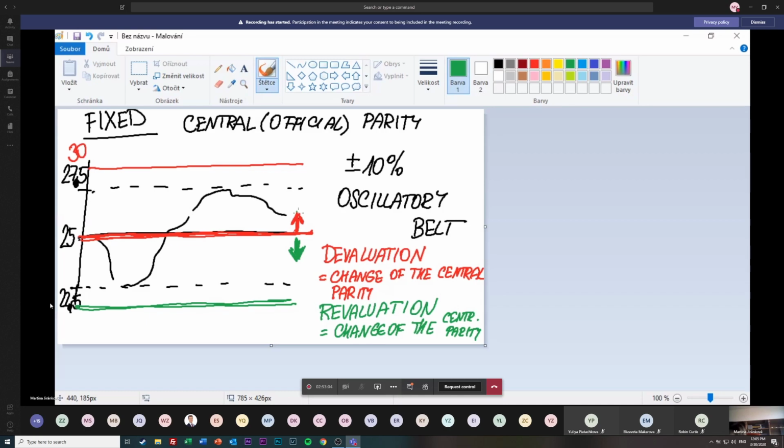So please write, crawling peg, that there are regularly announced ahead changes of the central parity.